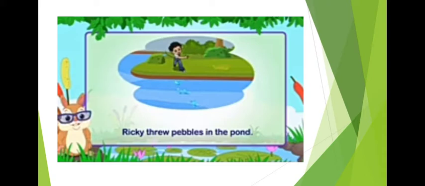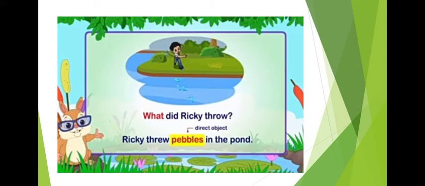Okay, for example, Ricky threw pebbles in the pond. Now you try to ask the question and see which is answering which question. Here, Ricky threw pebbles in the pond. In this example, we can ask the question what, right? We cannot apply here whom. So what did Ricky throw?